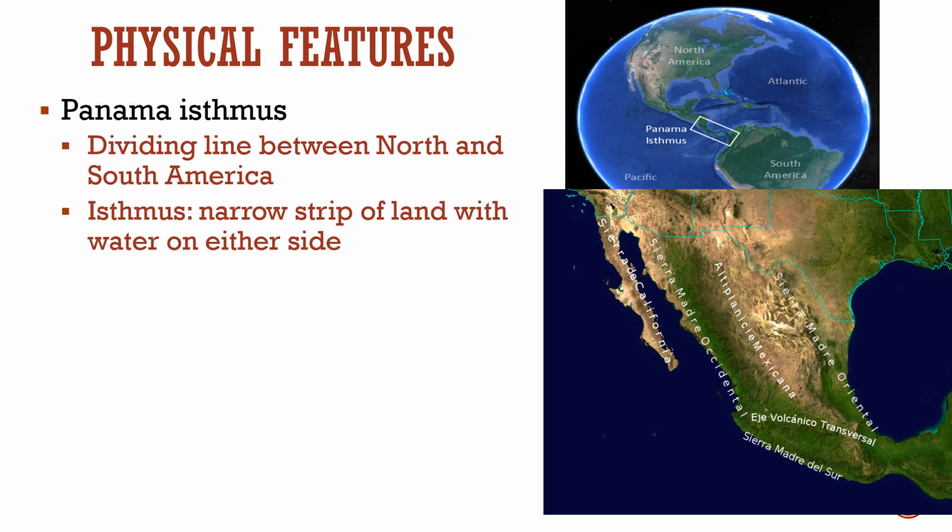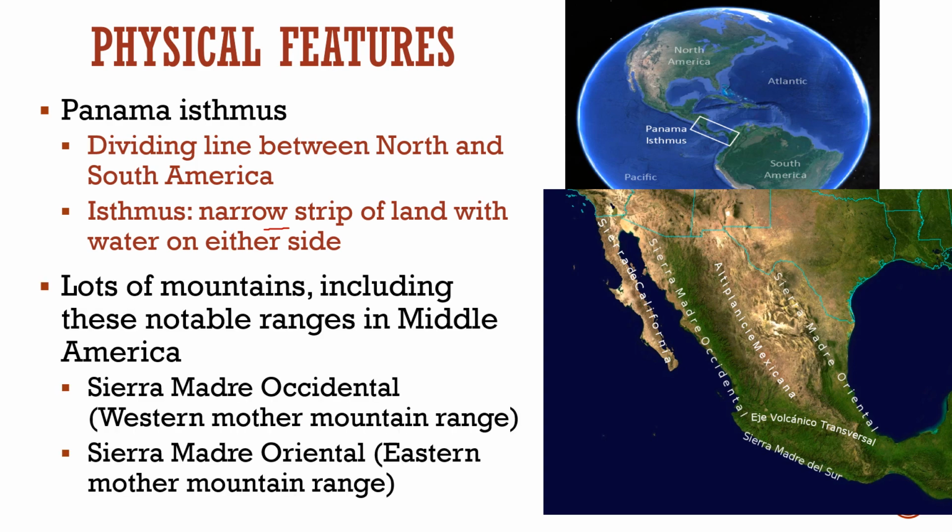Just kind of by definition, an isthmus is a narrow strip of land that has water on either side. So you've probably heard about the Panama Canal, which actually links the Pacific and the Atlantic oceans. Because this land is so thin, it allowed that canal to be made so that it could bridge the gap between those two oceans.